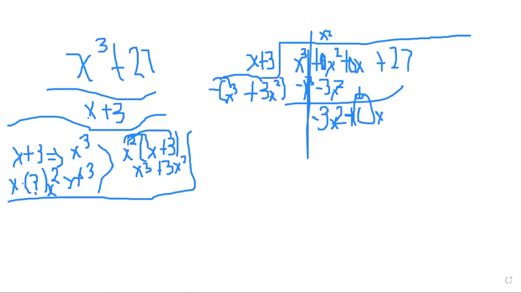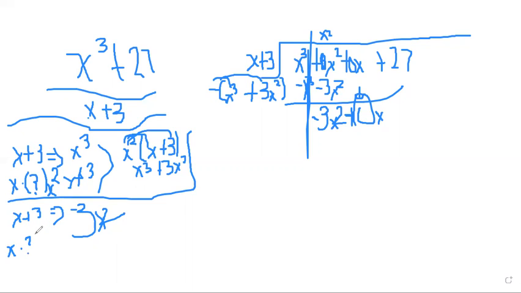So next term we have, again, with the divisor, x plus 3. And this time, we're looking at negative 3x squared. So when I look at x, what is missing for the negative 3x squared?